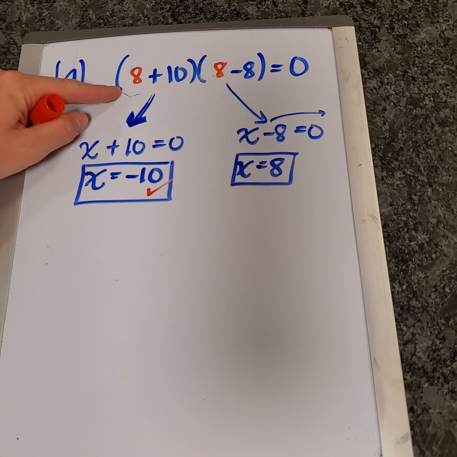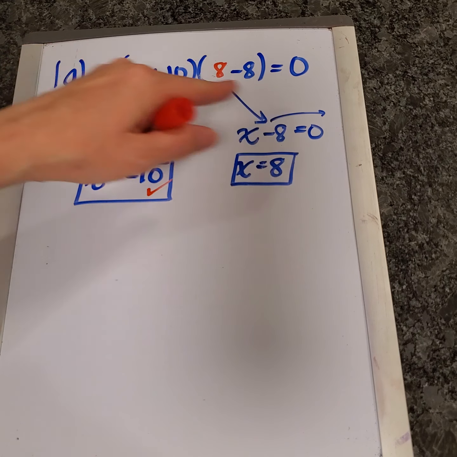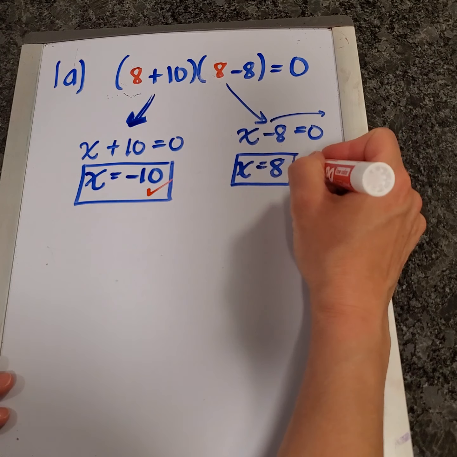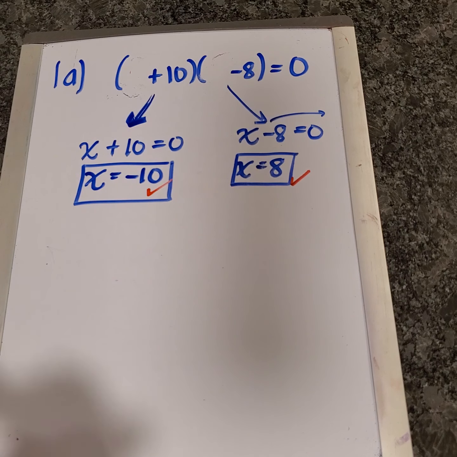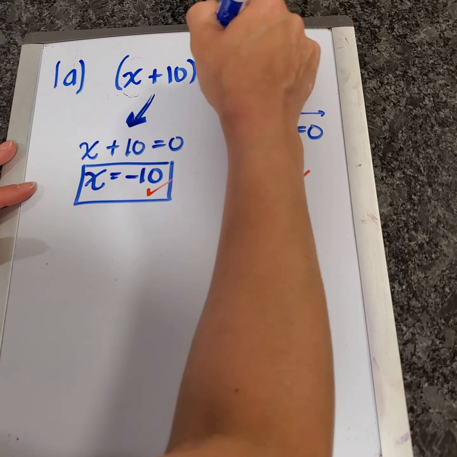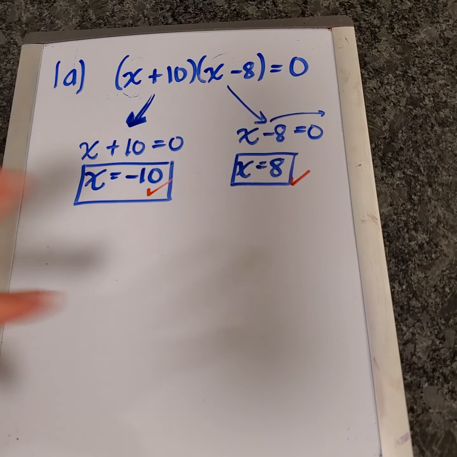Okay, I get 18 times 0, which also equals 0. These two values of x satisfy the equation. Those are the solutions, those are the roots. So if the equation is given to you in factored form, okay, nice and simple, we just set the factors equal to 0 and isolate x.